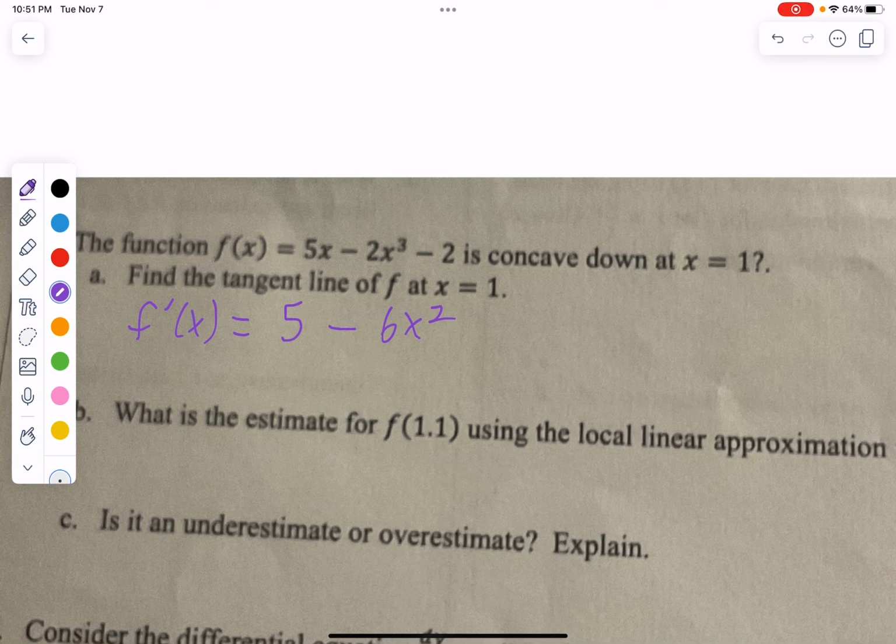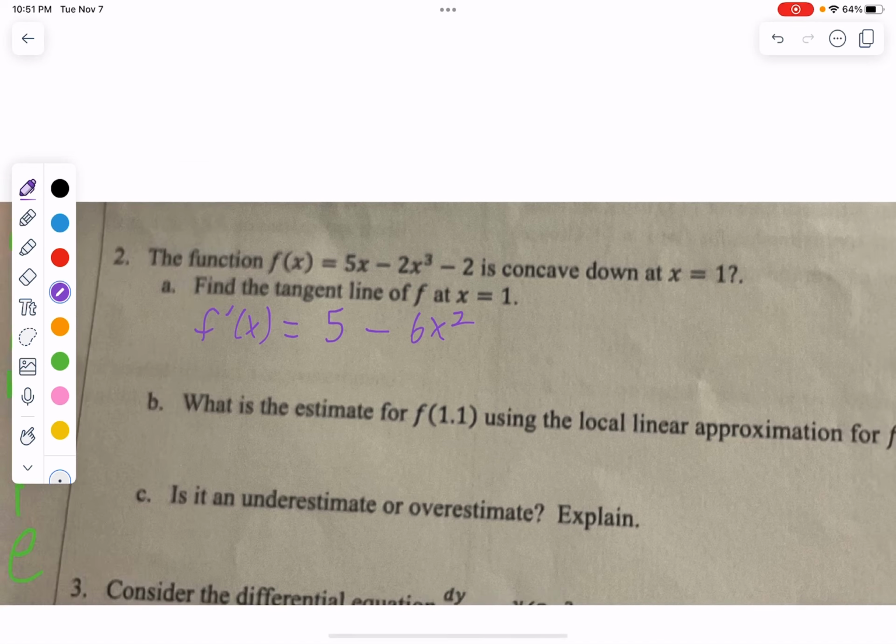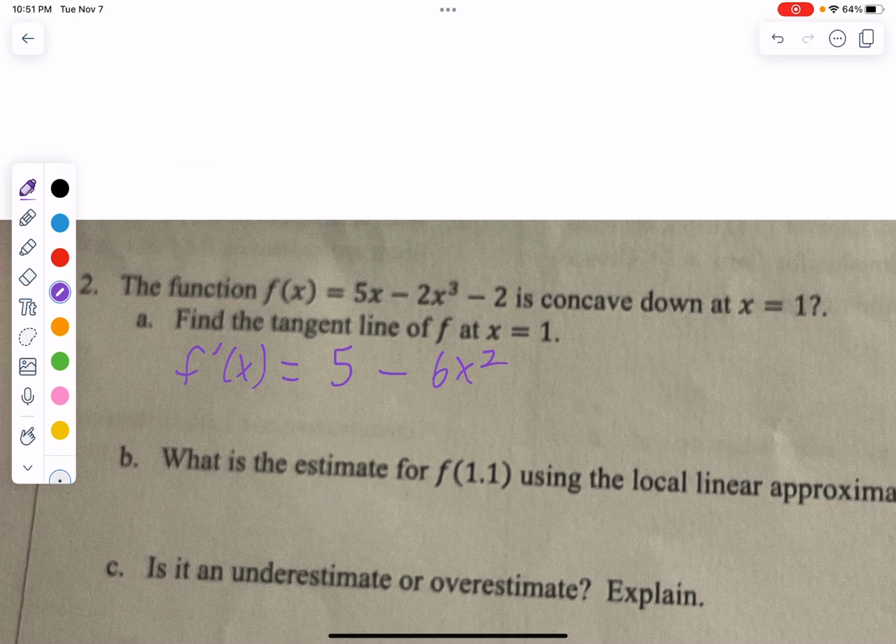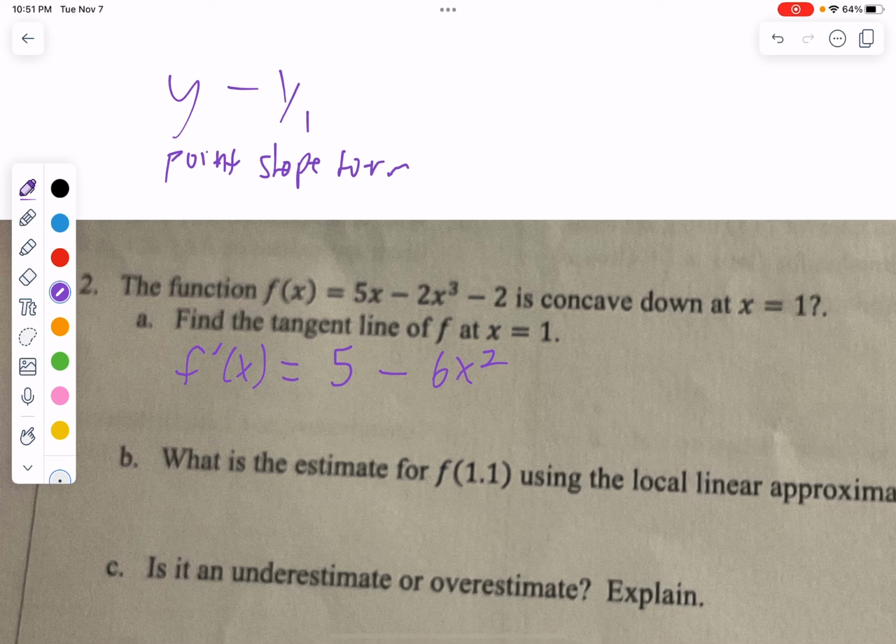Let's backtrack a bit because I'm confusing you guys. Just so you remember, we have something called point slope form, which is y minus y1 equals m, and we know that m is slope, times x minus x1.